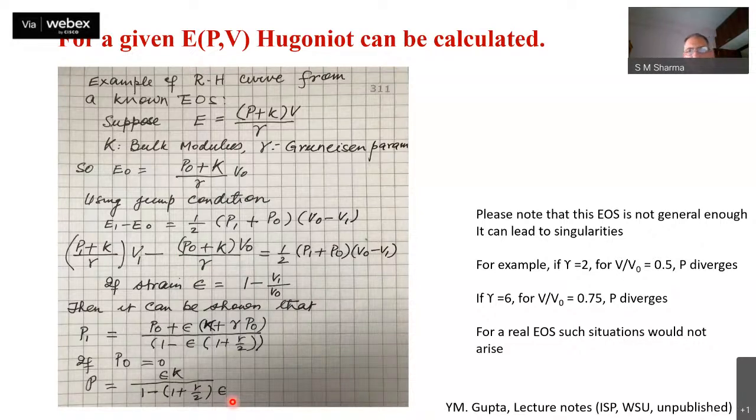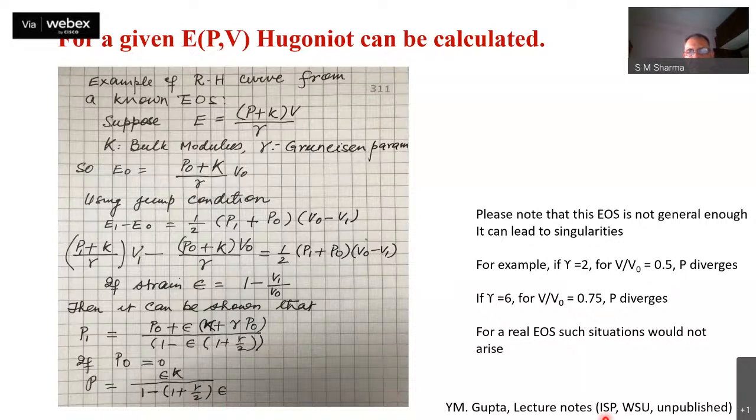Incidentally, this equation, which is mentioned here, is not general enough. It has singularities. You can check that if gamma is equal to 2, at V by V naught equal to half, then the P diverges. And likewise, if gamma is equal to 6, or V by V naught is equal to 3 by 4, P diverges.